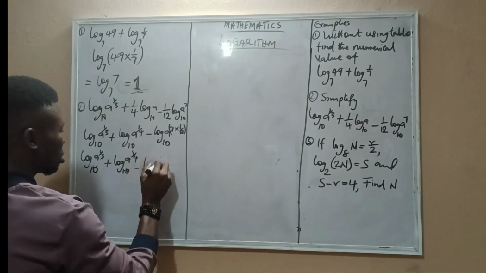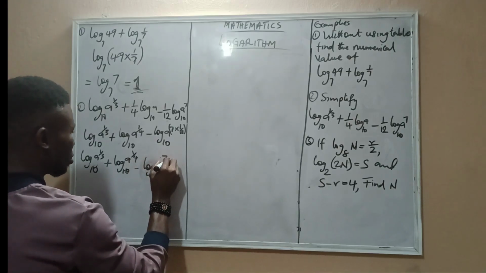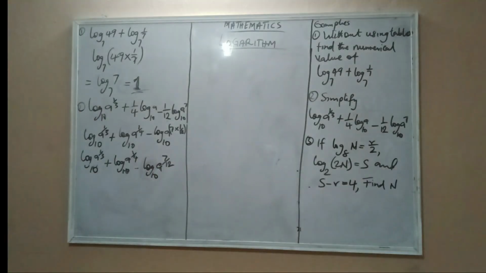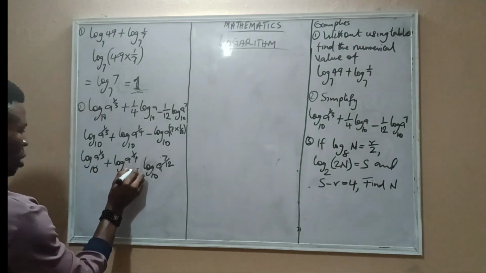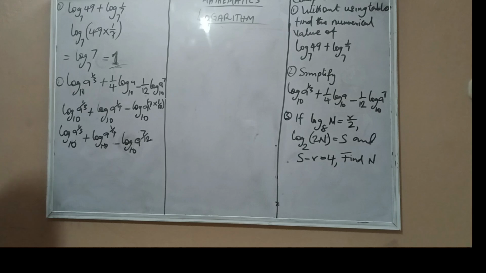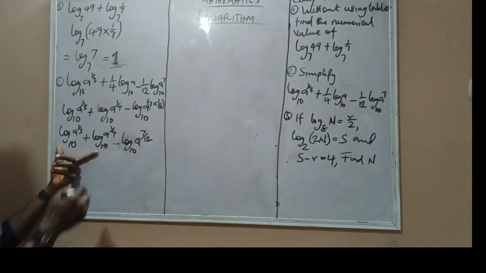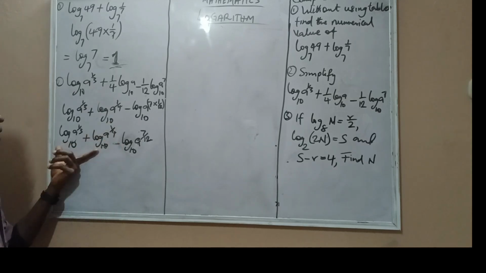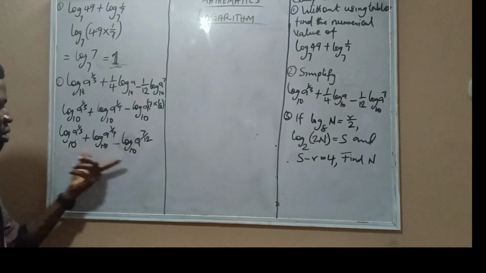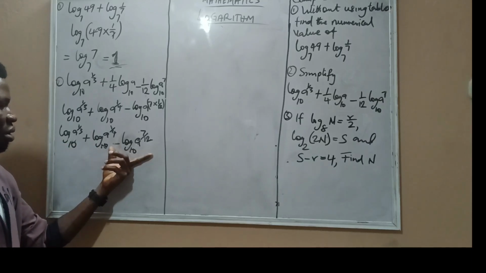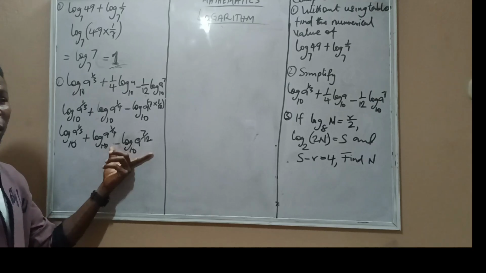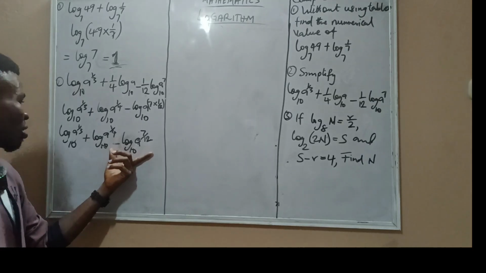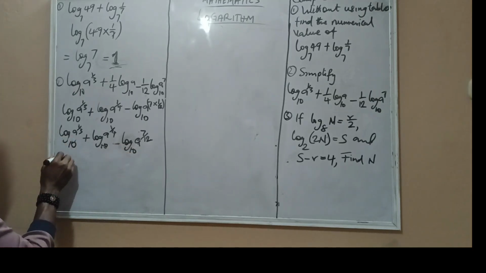If you look at this, if we put brackets here, this is the same rule as the log of a product can be expressed as the addition of the different logarithms. To employ this one, this is minus: the log of a fraction can be expressed as the difference of the separate logarithms.